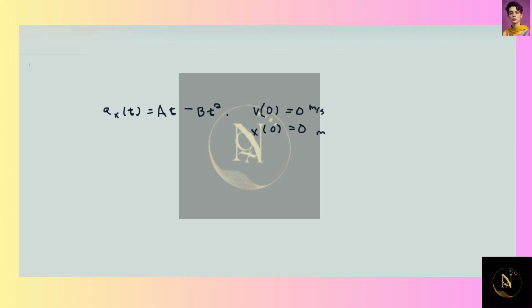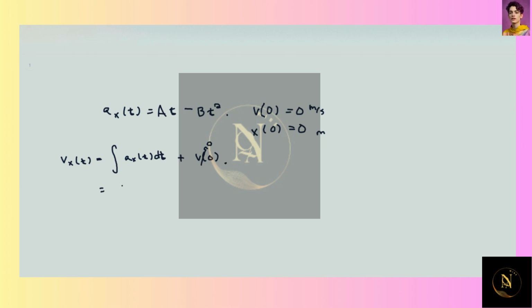Now, to get from acceleration to velocity, we integrate. So vx of t is equal to the integral of ax of t, and we're integrating with respect to time. We also have v of 0 out here, but v of 0 is just 0, so this term doesn't yield anything.